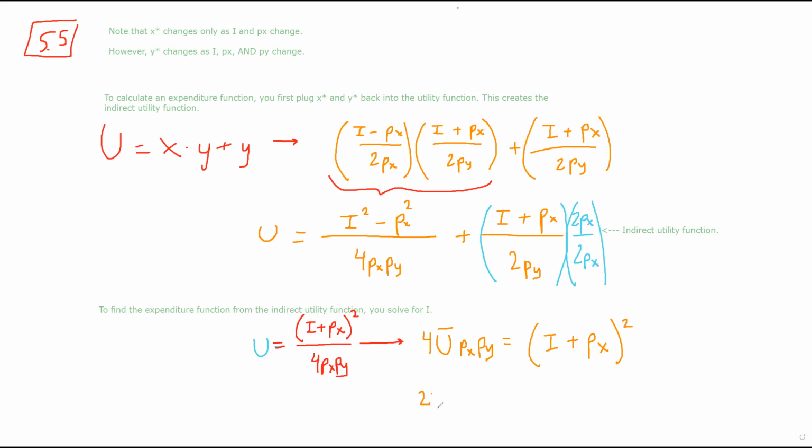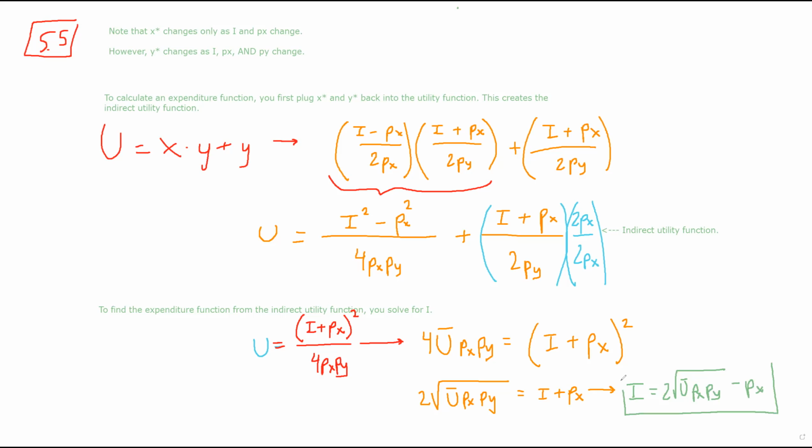So I get 2 times the square root of u bar px py equals I plus px. And then lastly, when I solve for I, I get I equals 2 square root u bar px py minus px.